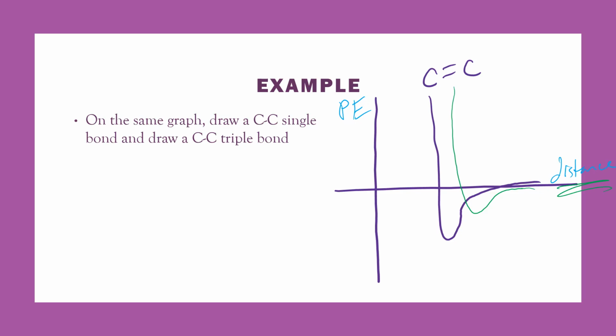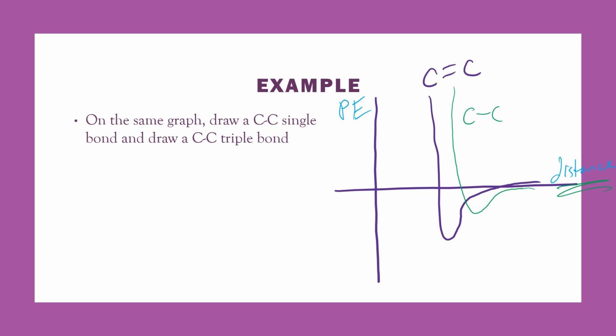So you'll notice that that dip here is further to the right and higher up than it is for the carbon-carbon double bond. Let me label this carbon-carbon single bond.